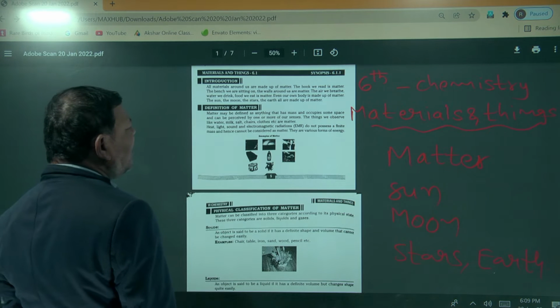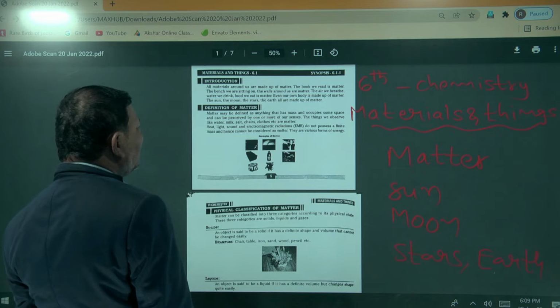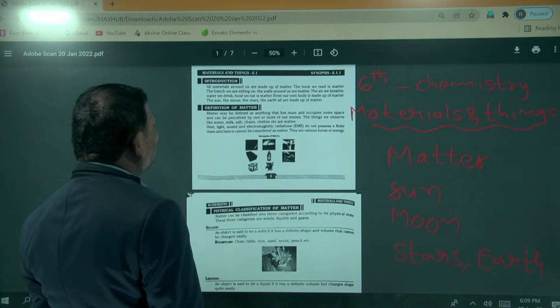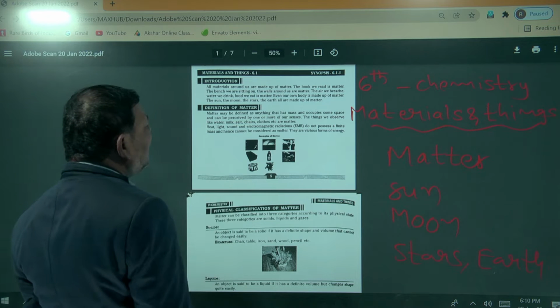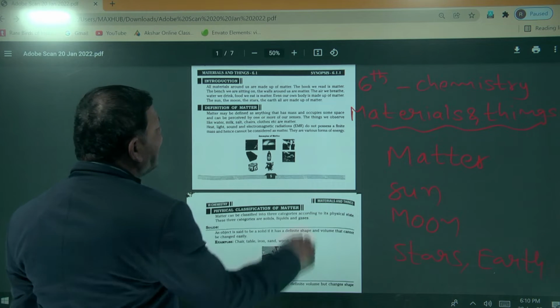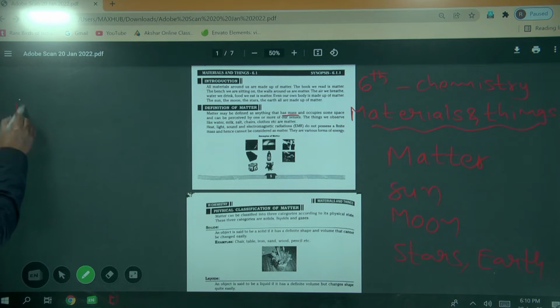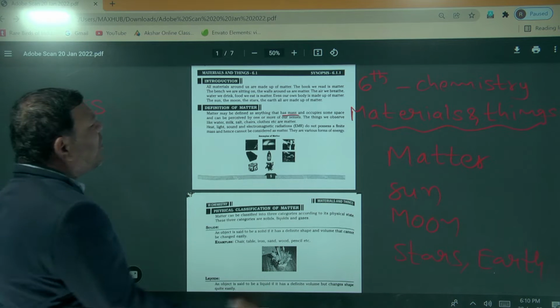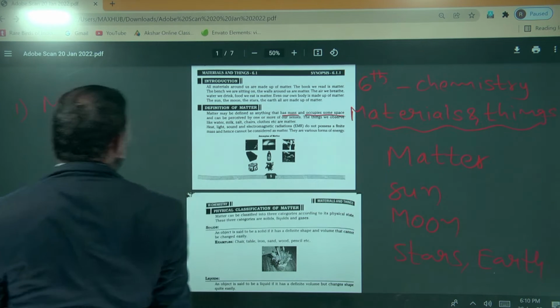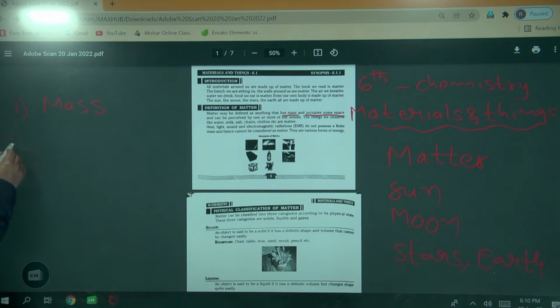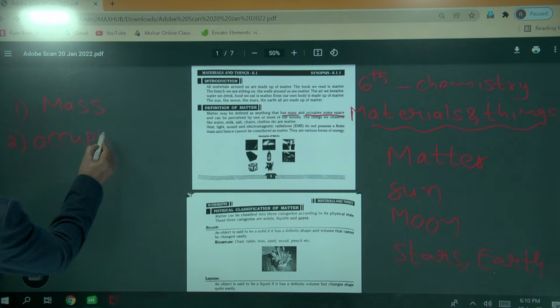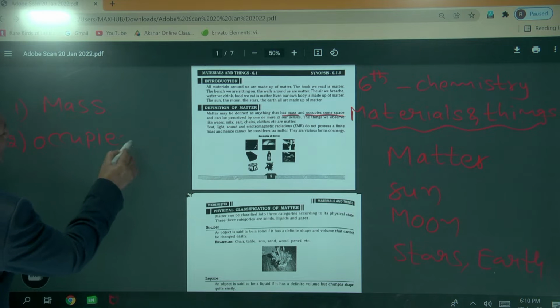So now, the definition of matter. What is the definition of matter? Matter may be defined as anything that has mass and occupies space. So matter has mass, and the second thing is that it occupies space.